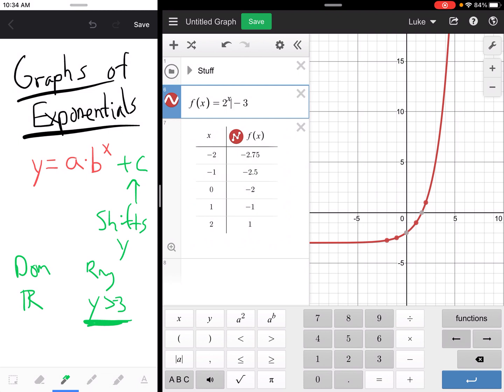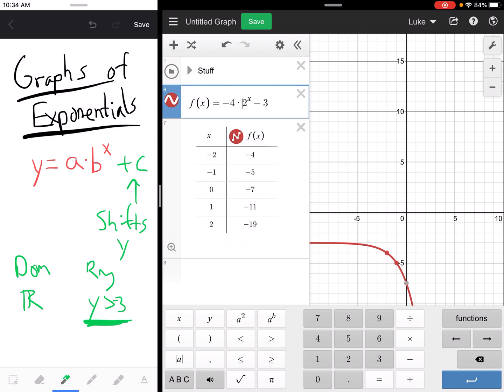Or if I put a negative sign, so -4 times that, now it's below -3. It's the half that's below -3. And then you saw the difference between growth graphs and decay graphs, and you're going to be able to recognize those later on based off of the function that you're given.